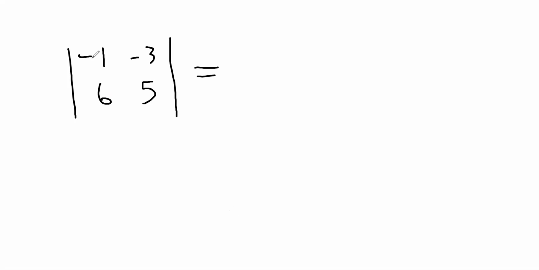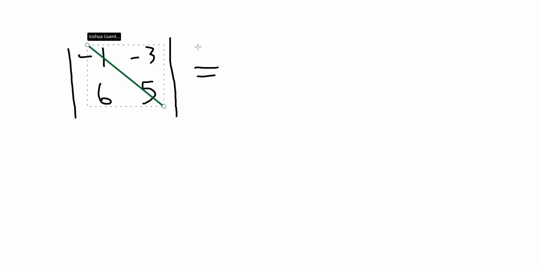Let's try out a couple more examples. Again, taking a 2x2 determinant is not bad. It's pretty straightforward. So let's do this calculation. How about I'll jump straight into the vertical bars so it's clear we're taking a determinant. -1, -3, 6, and 5. And I can even say it equals because it's already clear from the vertical bars that I'm taking the determinant.